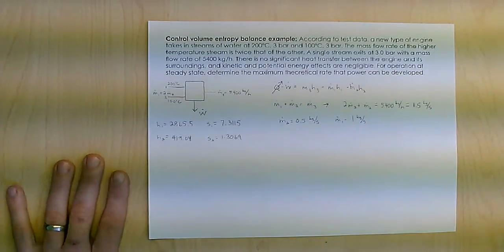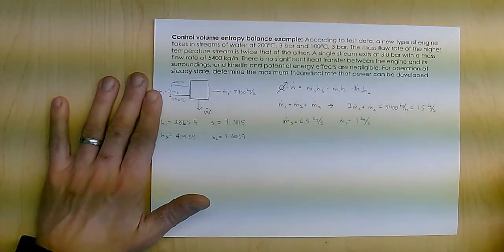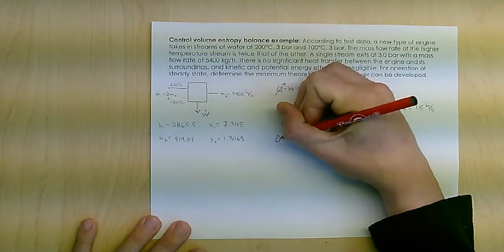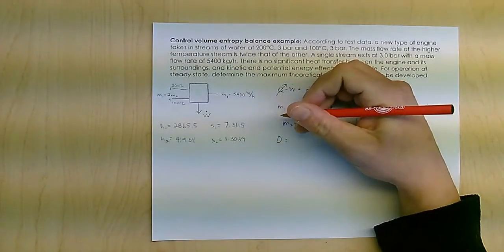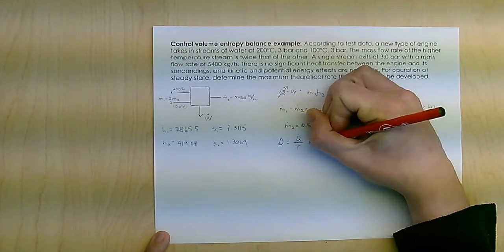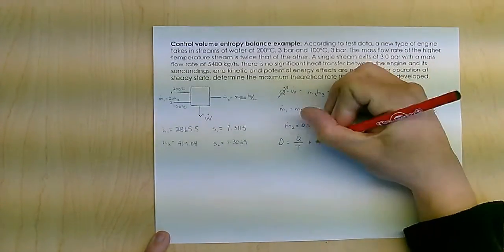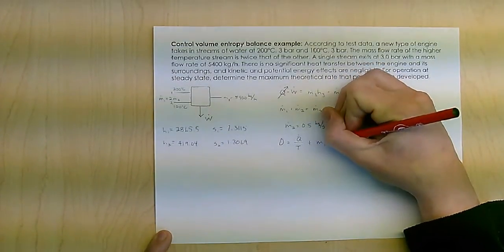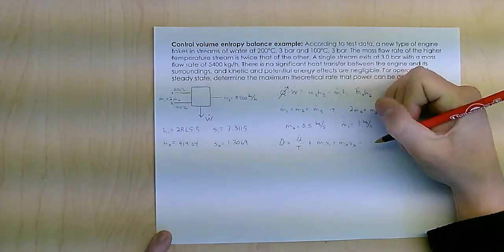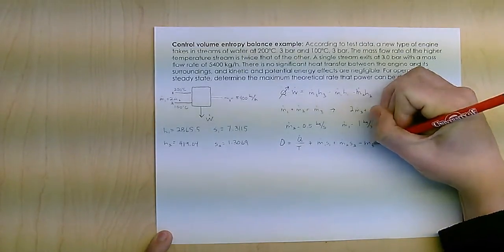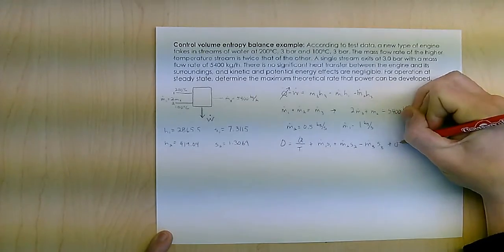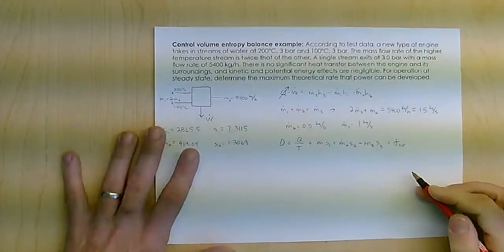I'm going to do that using my second law equation. My second law equation for steady state is given by this, which is Q over T plus mass flow in, which is going to be M1 S1 plus M2 S2, minus the mass flow times S3 out, plus sigma dot.